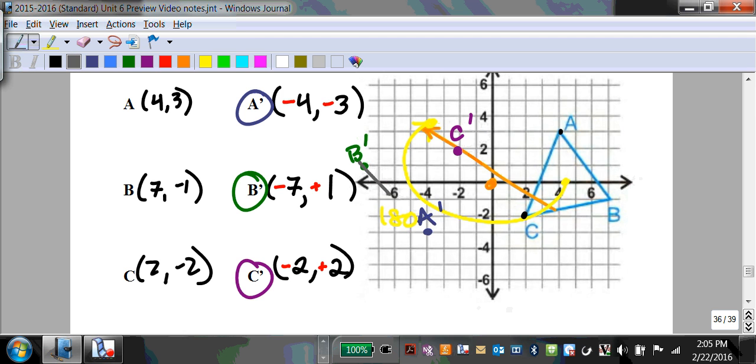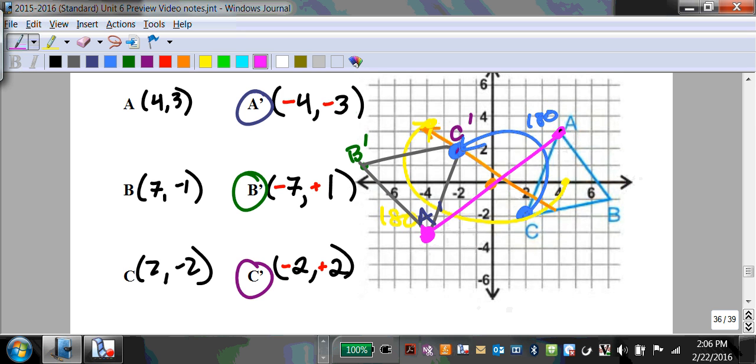Close it up. And you can see the easiest way to make sure you did this correctly is just take 2 points, and you should be able to draw an exact 180 degrees between them. So C, that shows 180. Or another way you can check it is just connect any of the 2 lines, and they should go straight through the origin. Look at A. See A prime.